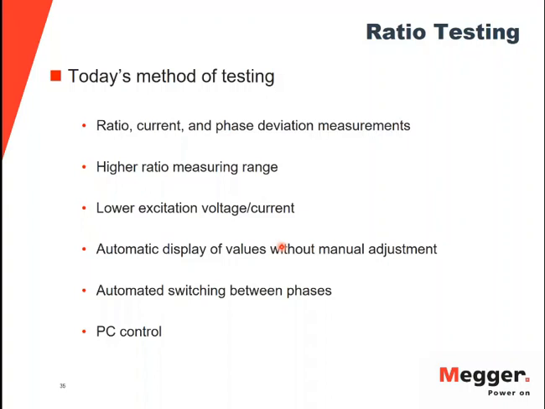It would calculate the transformer voltage ratio, compare it with the measured voltage ratio, give you the percentage error, compare it with the IEEE standards, and give you the pass-fail criteria. Everything is done through a computer, so that at the completion of the test, you have a test report that gives you a clear indication of the condition of the winding.